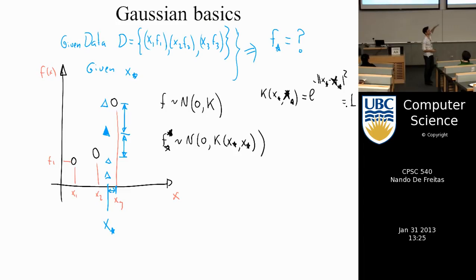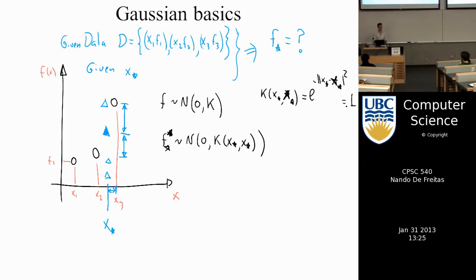If you increase x, f seems to increase. So if you increase x*, f* should also increase. If you increase x, f* should also increase too, because that's essentially why we picked that triangle. So I want them to be correlated.